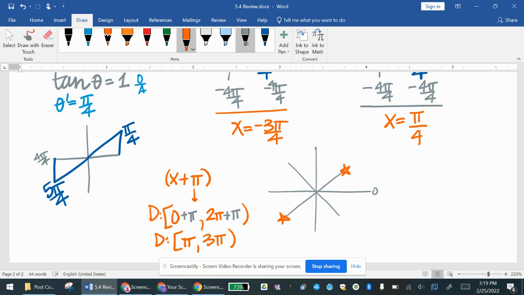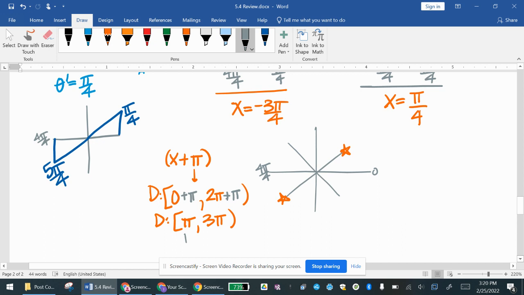So what they're saying is that I can only pick answers starting from 1 pi, which is 4 pi over 4, to 12 pi over 4.